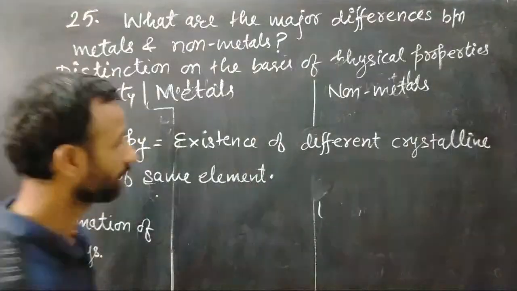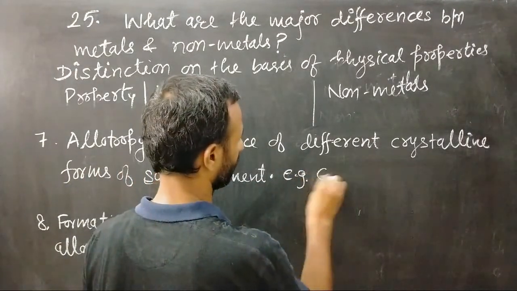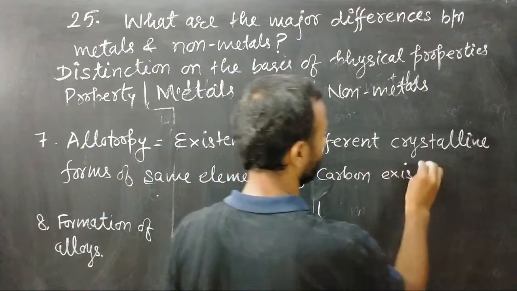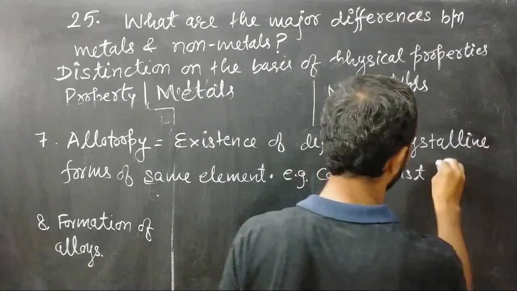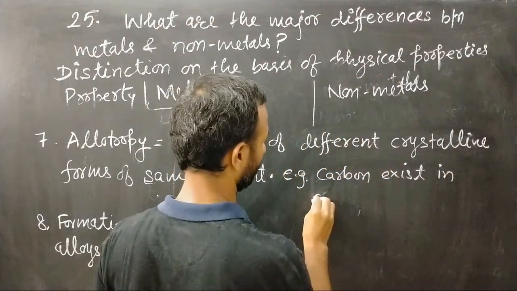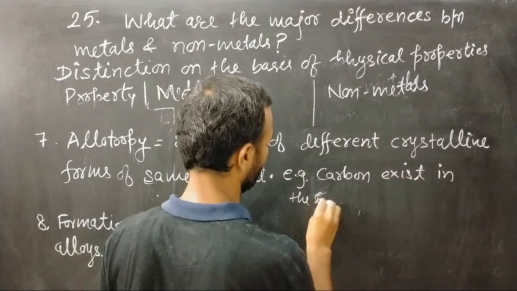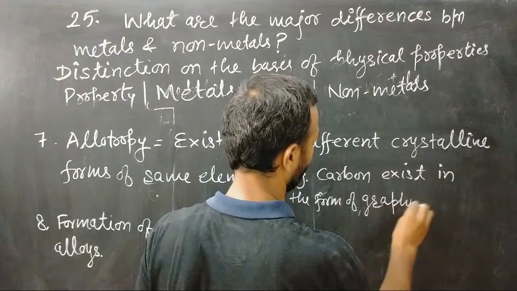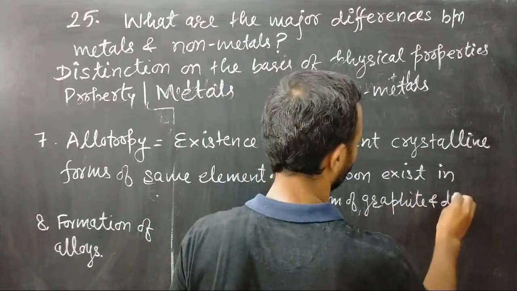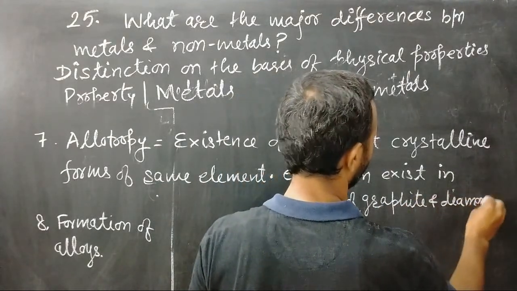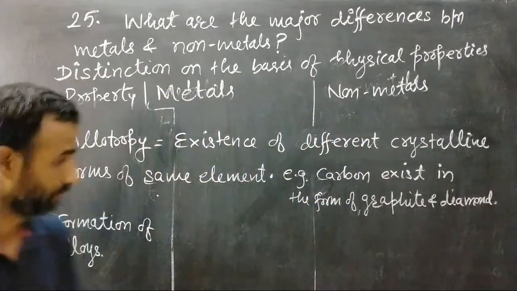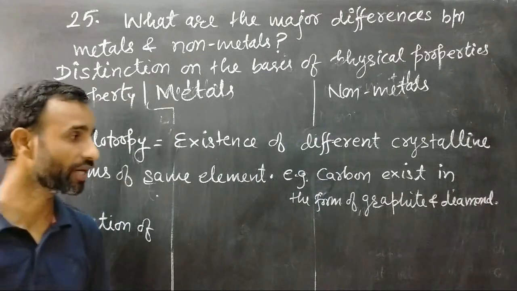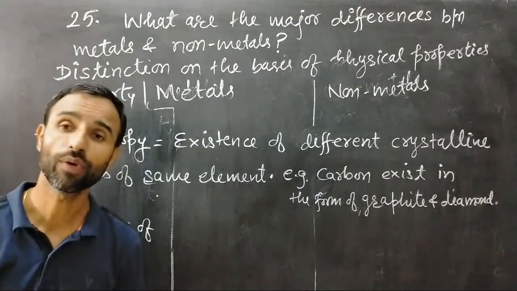For example, carbon exists in the form of graphite and diamond. So they are allotropes of carbon. Diamond and graphite are allotropes of carbon.